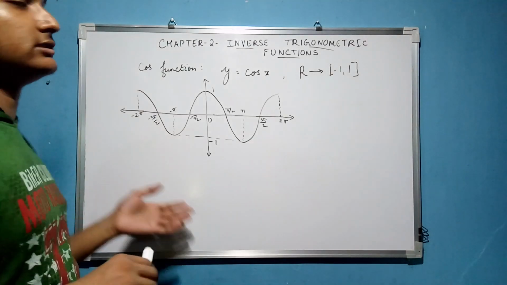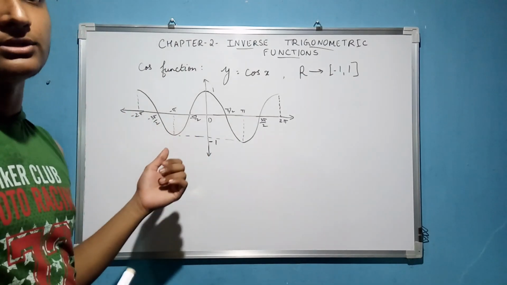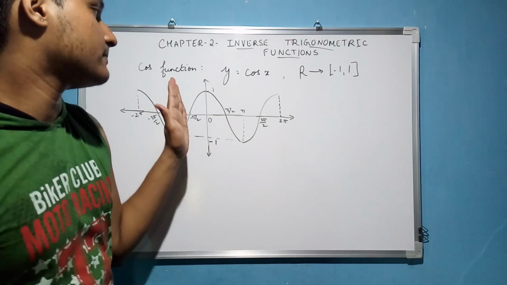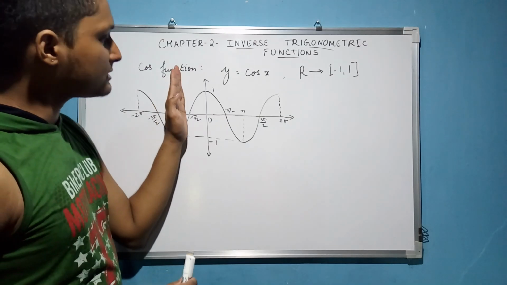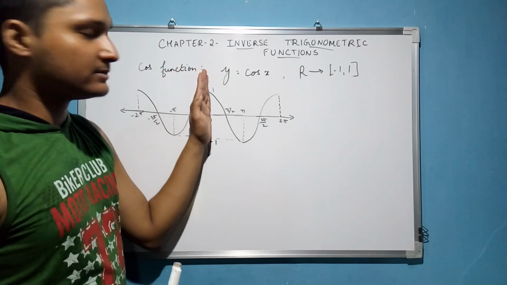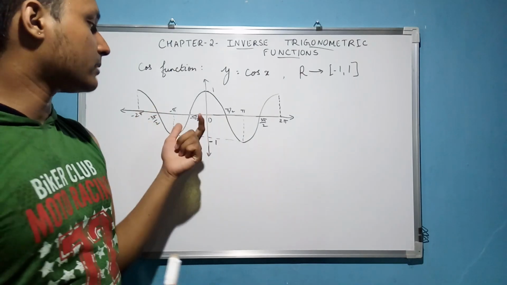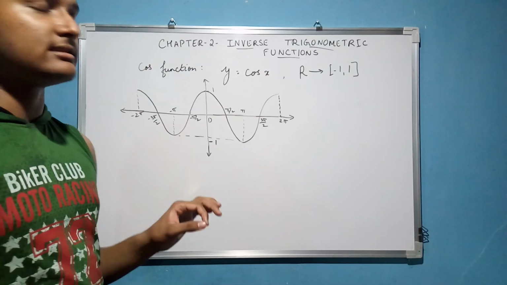Next you have the cos function. We have to decide what is the principal value branch for the cos function. We can also see that this is a graph which is displaced by an angle pi by 2. Our graph of sine was here, now it comes here. That means it is moved pi by 2 from the initial, so it is very similar to the sine itself.